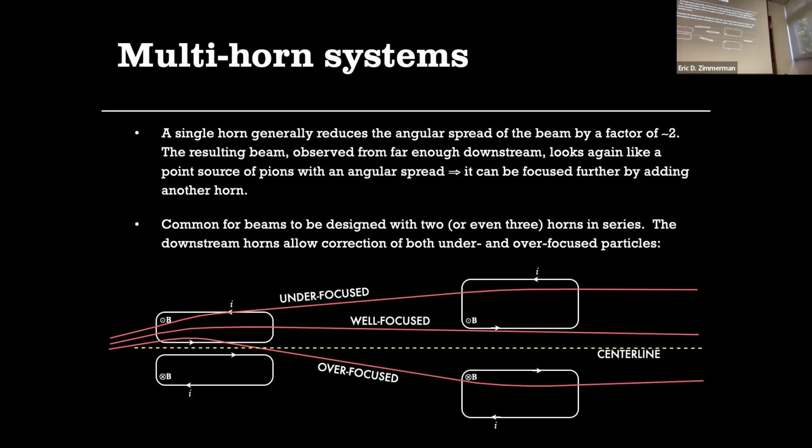If you have underfocused particles, they continue diverging and get corrected. If you have well-focused particles, you avoid putting any extra magnetic field there. So you are able to improve the spread of phase space by a reasonable factor with each additional horn you add. So it's common for beams to be designed with 2 or 3 horns in series.